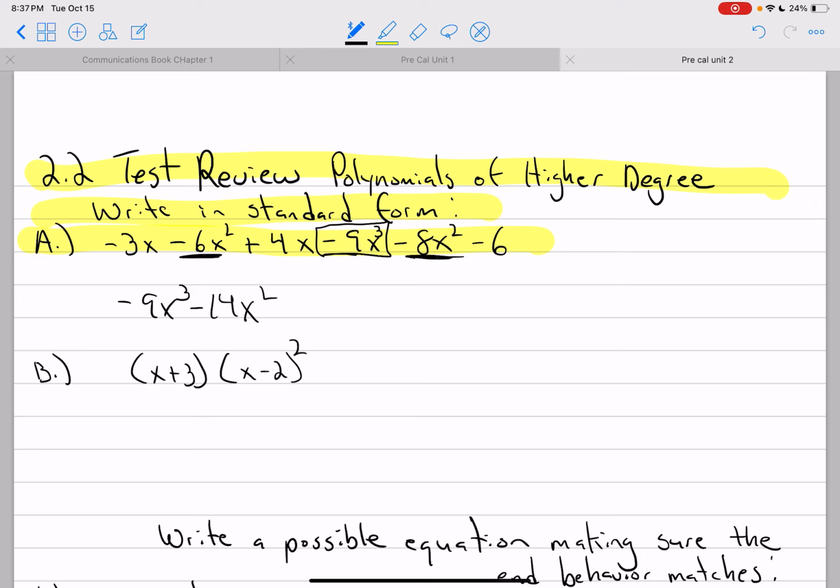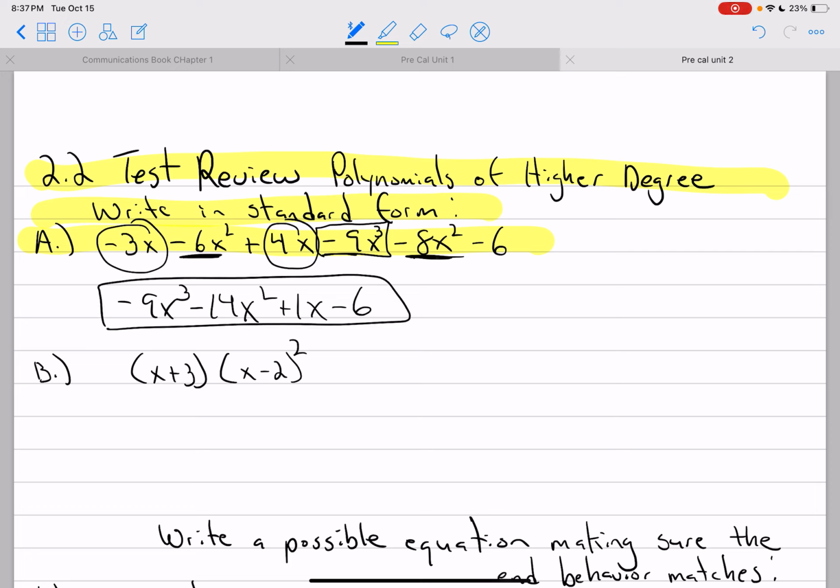X squareds. I see x's here and here. 4 minus 3 is 1x, and I see minus 6. This would be my standard form. This is all stuff that's going to be on the test on Friday.